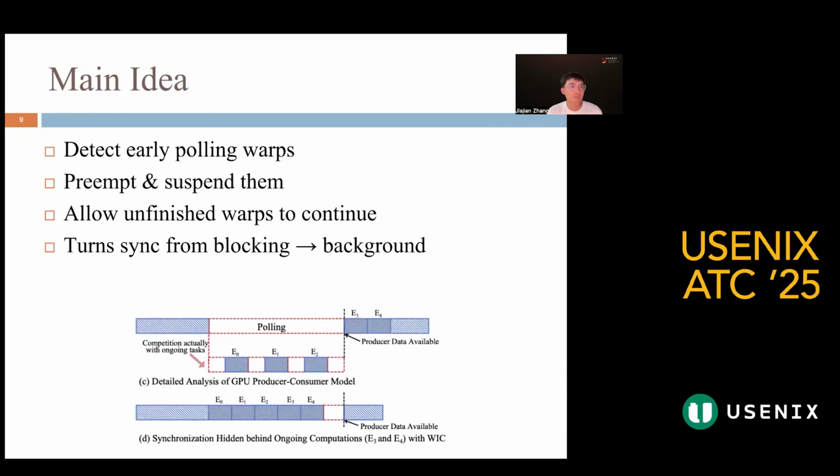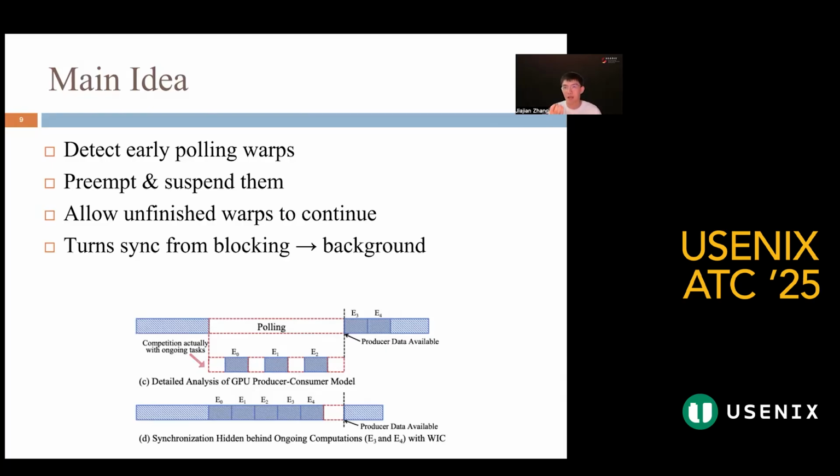So this brings us to our solution, the main idea: WIC, warp-level interrupt-based communication. WIC flips the model. Instead of letting polling dominate the warp schedule, WIC tracks polling frequency at the warp level.